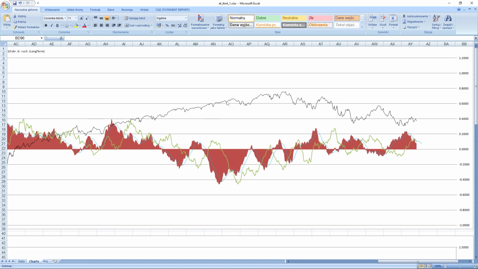So this is the SPX, the black line. The metric itself is this red-brown one, and the most crucial part, which you didn't get in Google Sheets, is this green one, which is the same as the metric itself, but moved 20 days into the future.